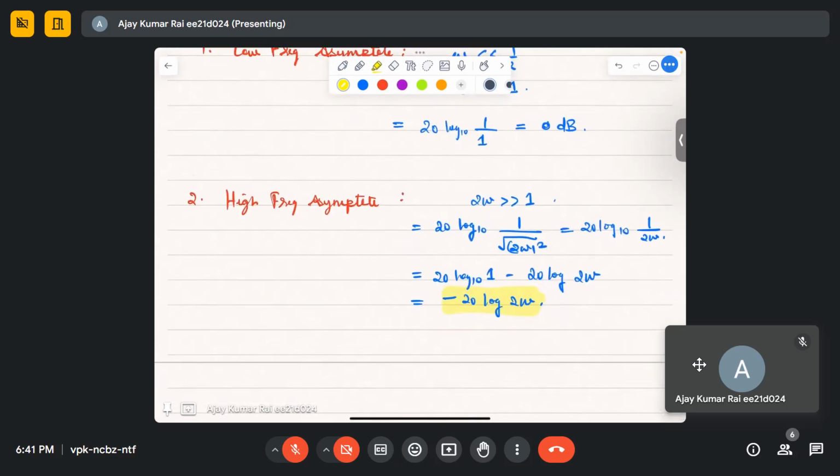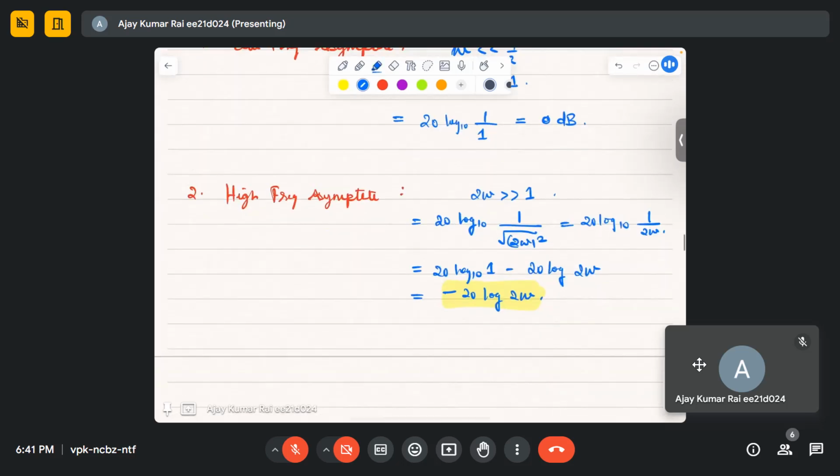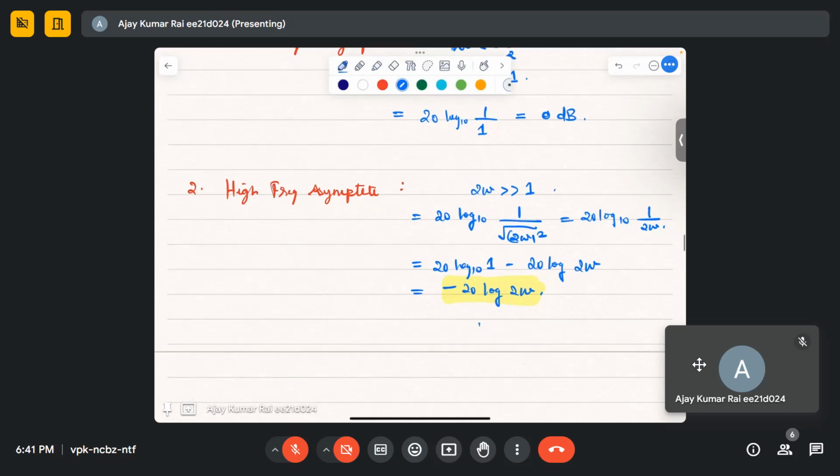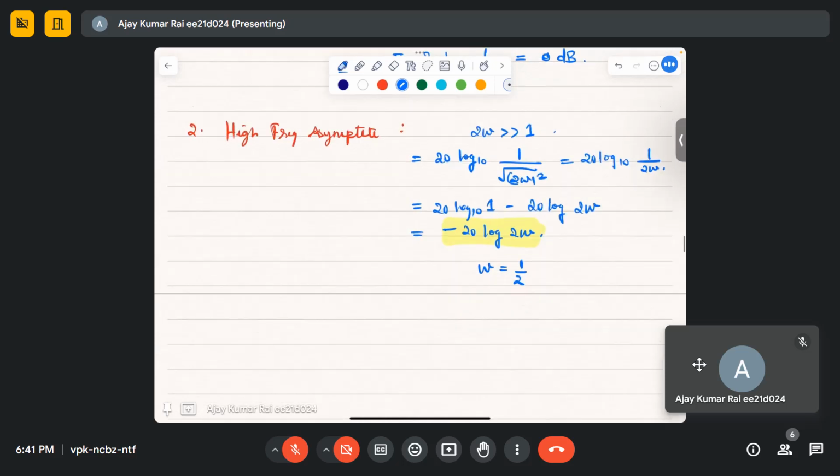So we have to find the omega at which you get 0 dB. You can see clearly that when omega is equal to 1 by 2, you will get 2 into 1 by 2, so it will be minus 20 log of 1, which is equal to 0 dB.